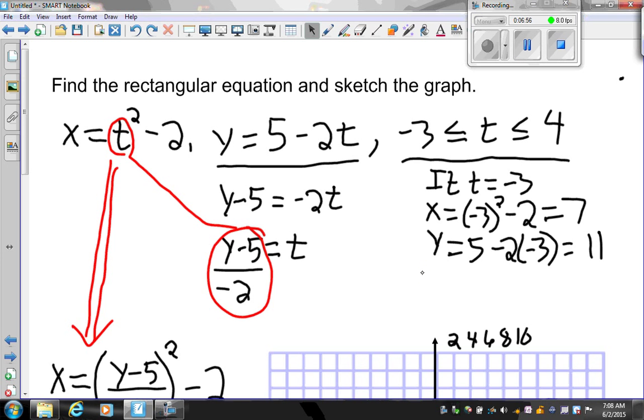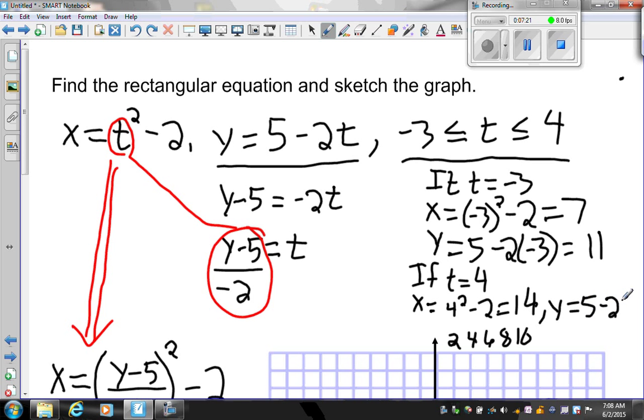If t is equal to 4, then x is equal to 4 squared minus 2, which is 14, and y is equal to 5 minus 2 times 4, which is negative 3.